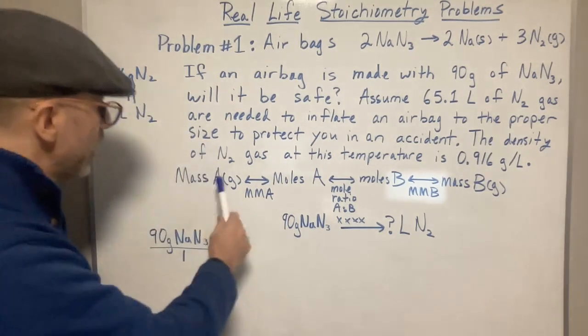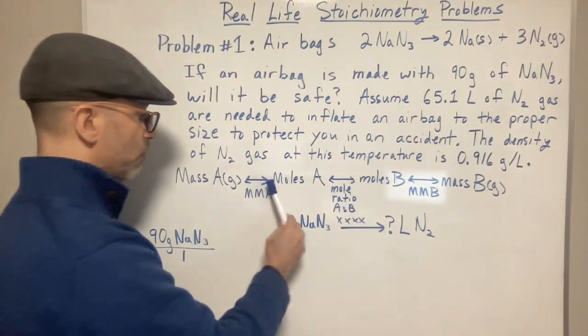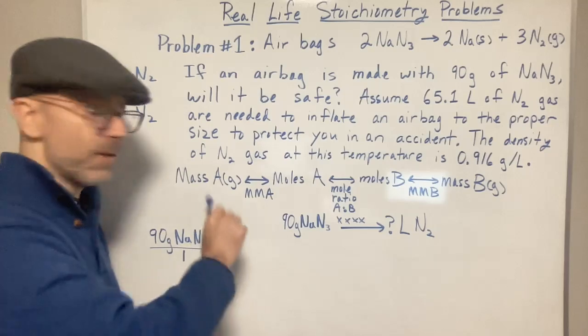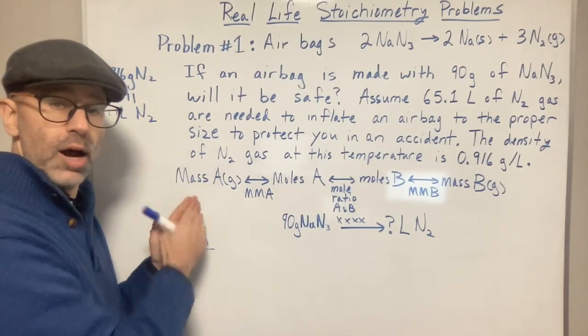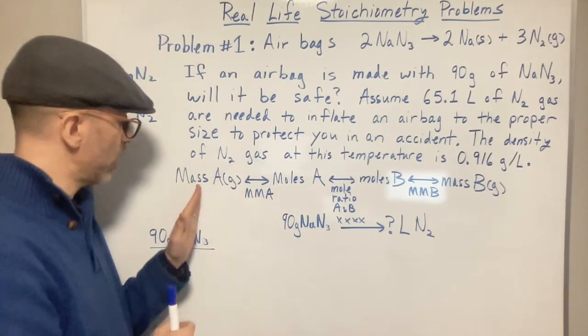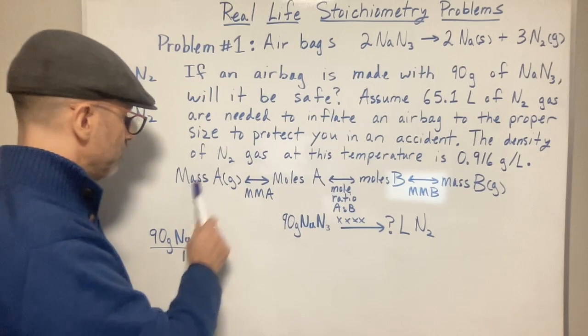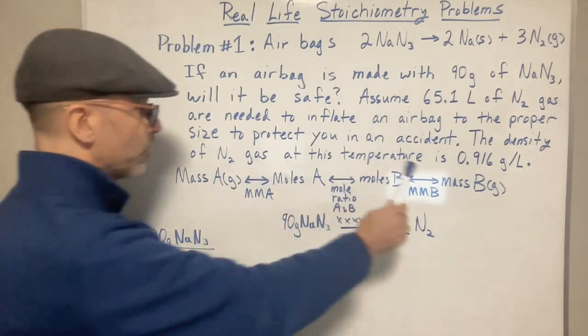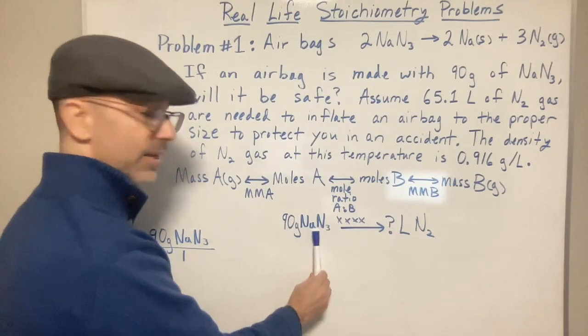So here is our roadmap. So notice that we have our roadmap here. So as I said before, the roadmap tells you what to do to go from where you start to where you end. Now notice that we're starting with grams of our NaN3.